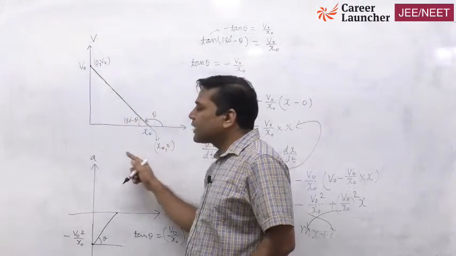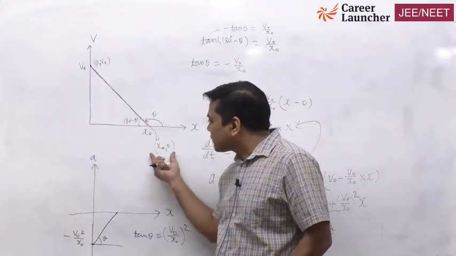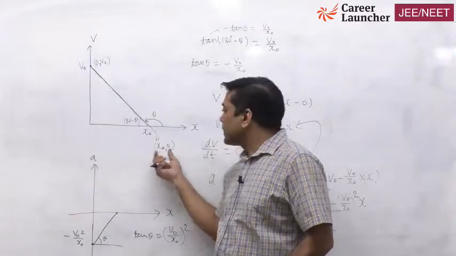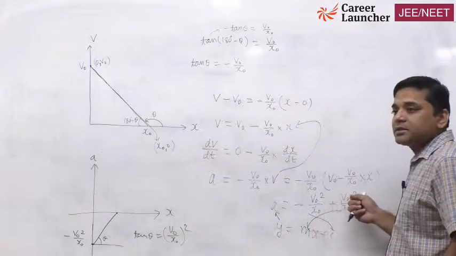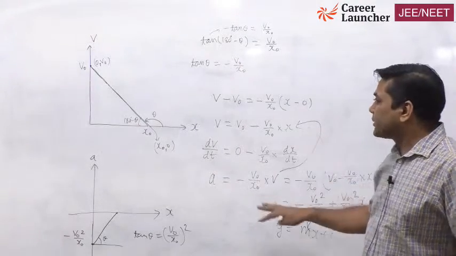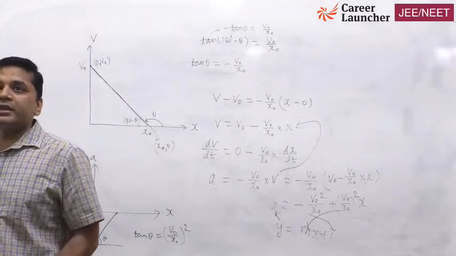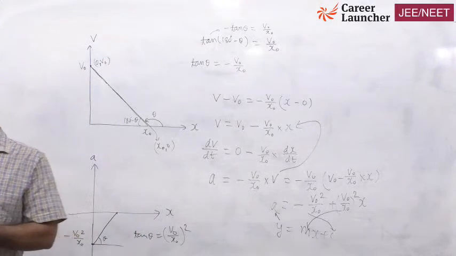Either way you can go and you will get the answer. You should try on your own, write the equation in terms of x naught and 0, differentiate, and you will get the same last expression. So this is the right method to solve, and there is no guessing in this kind of question.